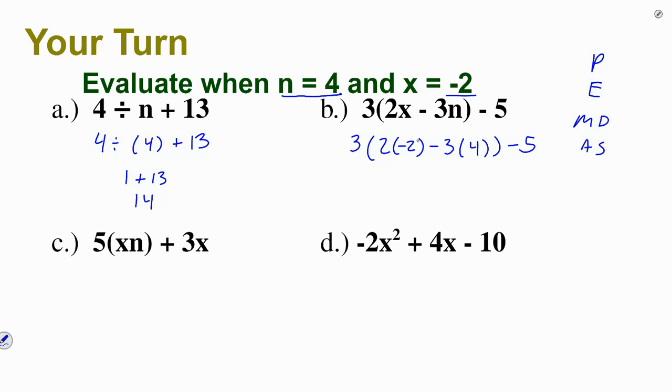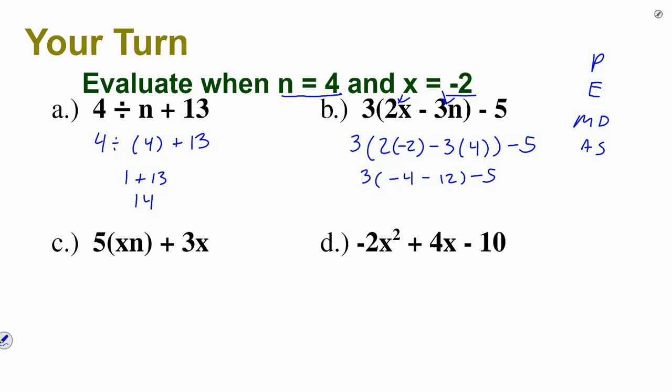Now the reason I'm using parentheses here is because the operation between the 2x and the 3n is multiplication, and parentheses represent multiplication. So I look inside my parentheses and I see multiplication, so I'm going to do that first. 2 times -2 is -4, minus 3 times 4 is 12.